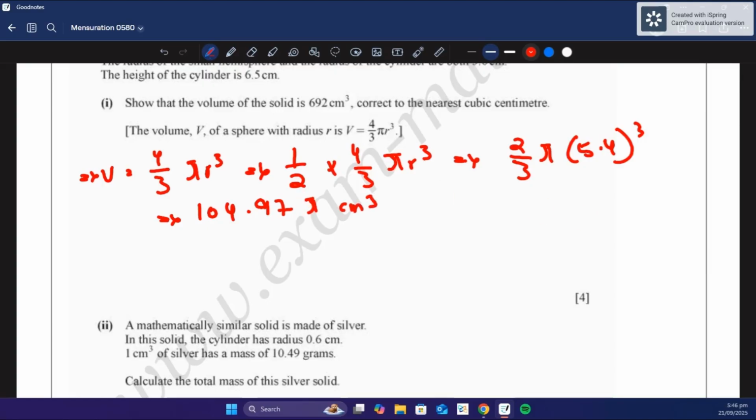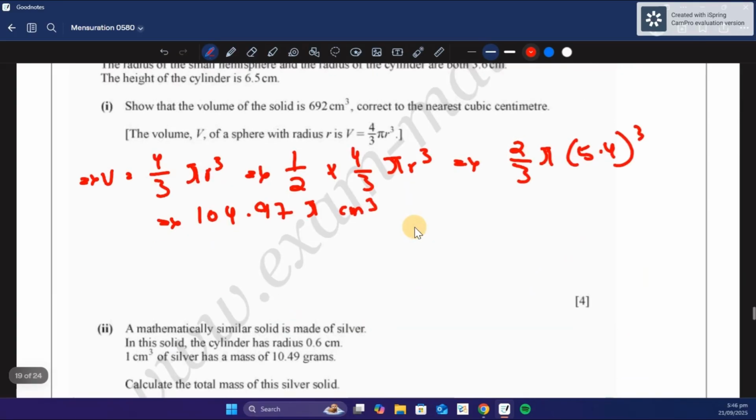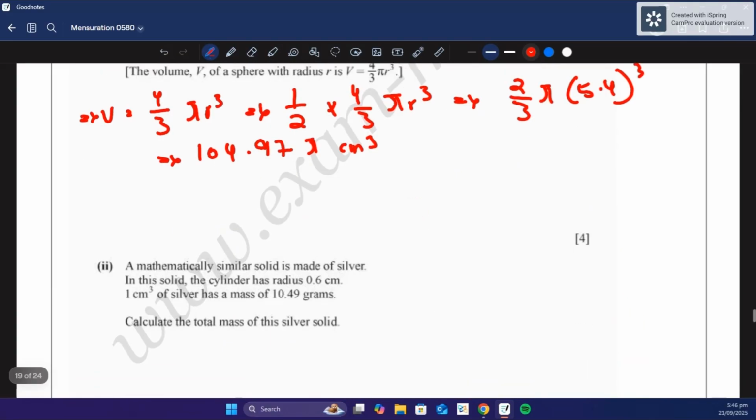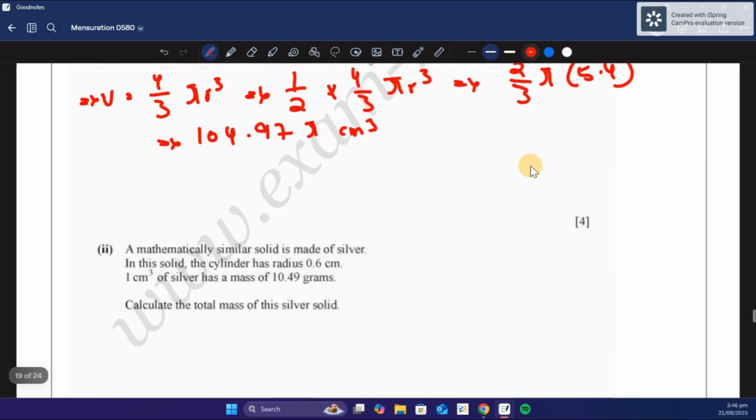All right, perfect. Now, for the other part of the question, okay, that was the large hemisphere. Now for the smaller hemisphere, the one at the top, we're gonna do the same thing.